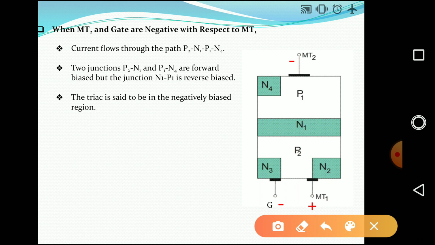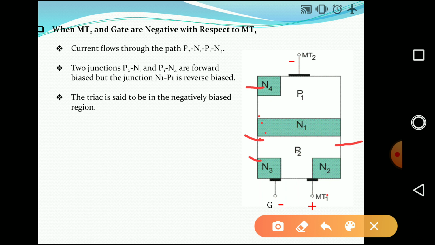At the same time, MT1 is positive, which makes P2 forward biased here. So this layer is forward biased, this layer is forward biased, but this middle N1 layer and these junctions are reverse biased here. To make those junctions forward biased, gate is connected to the negative. So this negative supply makes this and this junction forward biased.